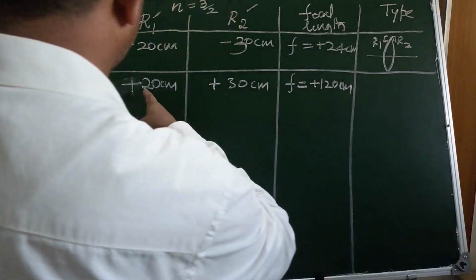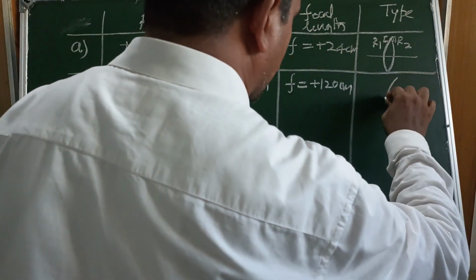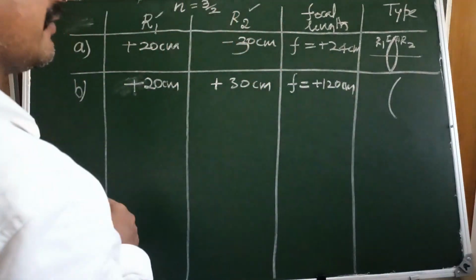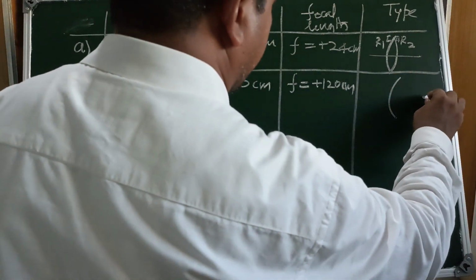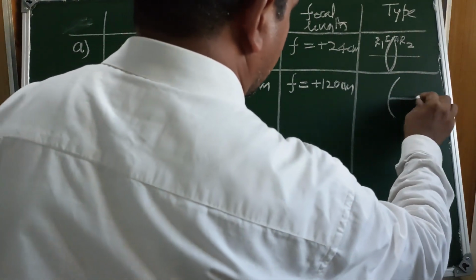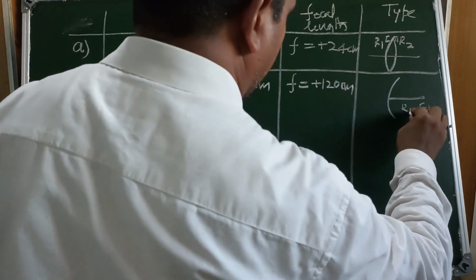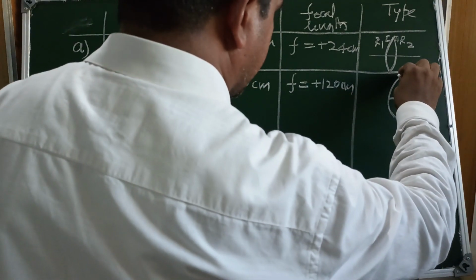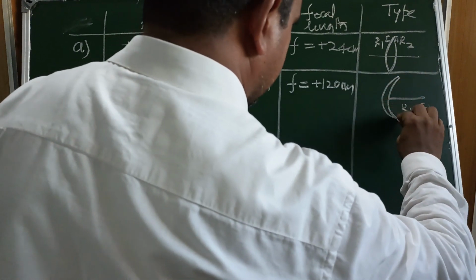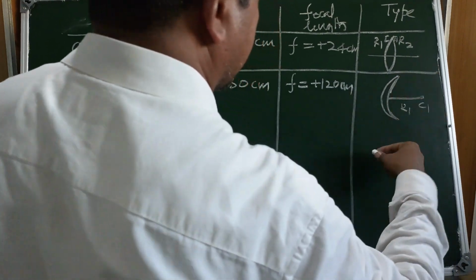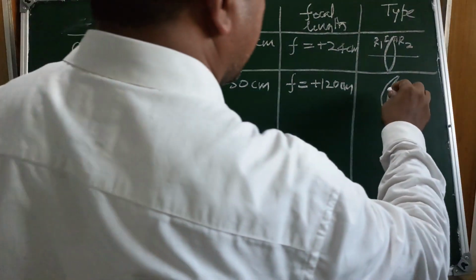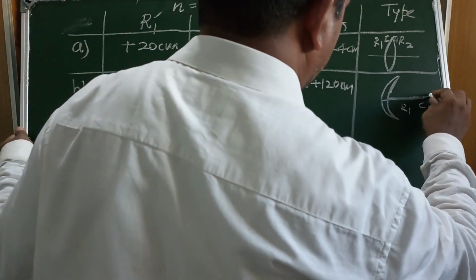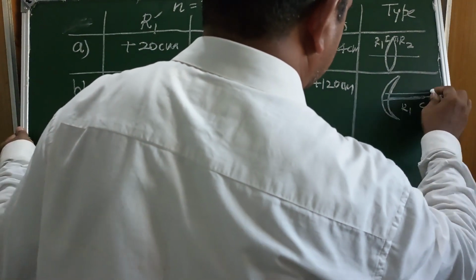Let us draw. R1 is positive, meaning curvature towards the right. Here is the center of curvature C1, and that distance is R1. R2 also is like this, curvature towards the right, with center of curvature C2, and that is R2.